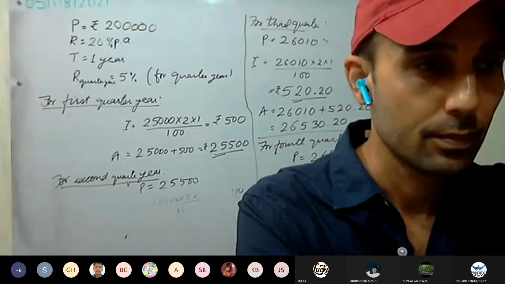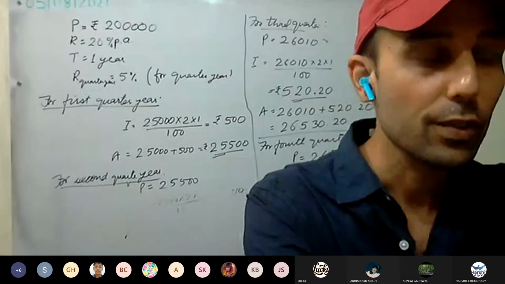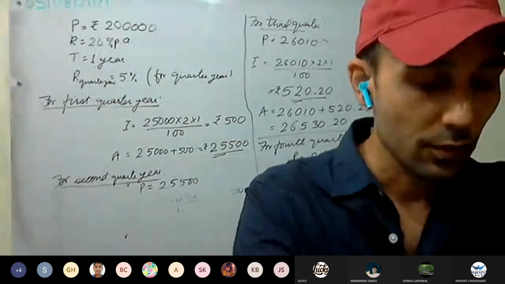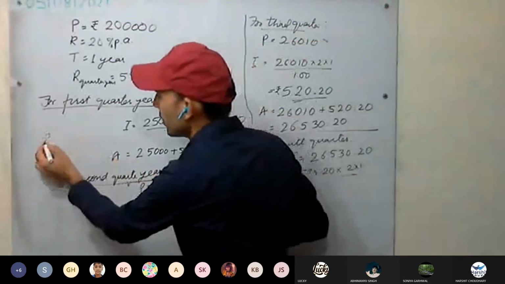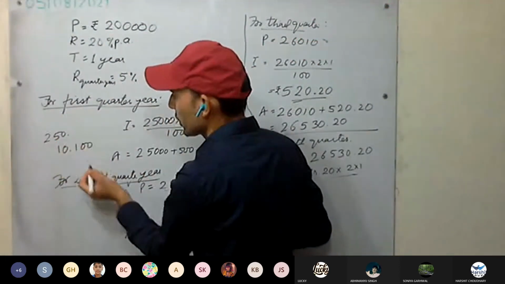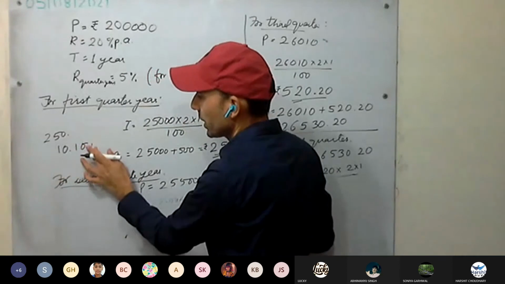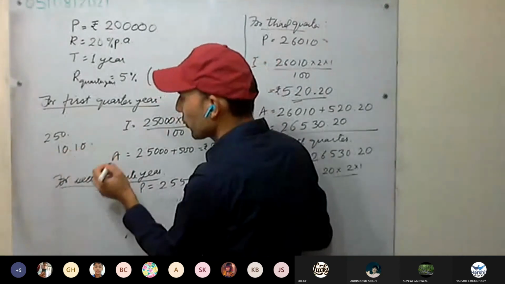Sir, if there is rupees 250.100... If it is 10.100, you can take it as 10. It won't be 11.